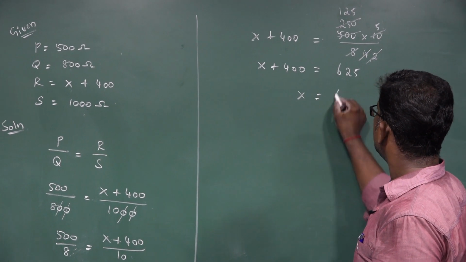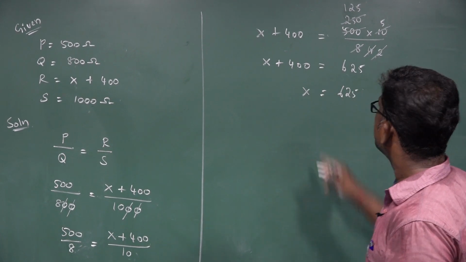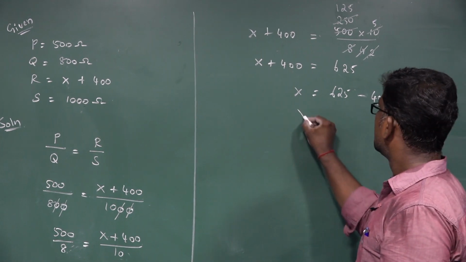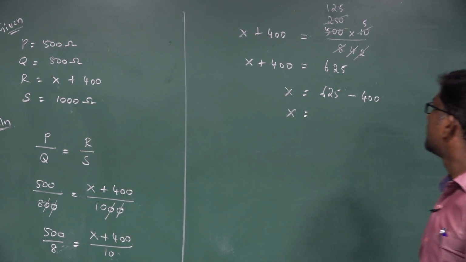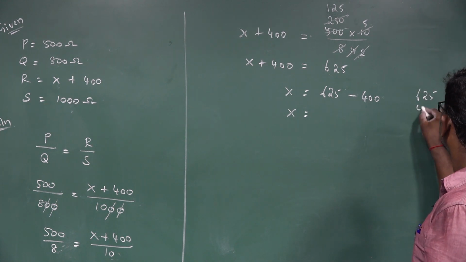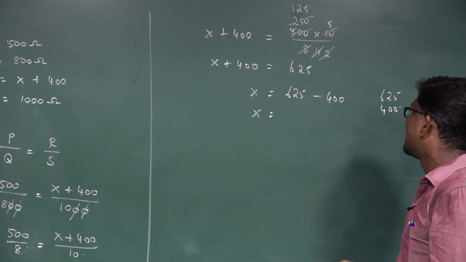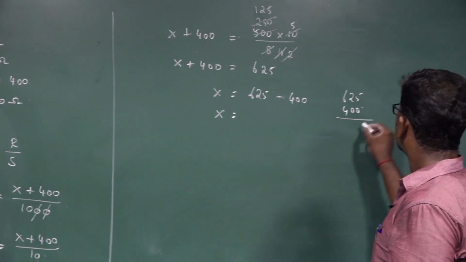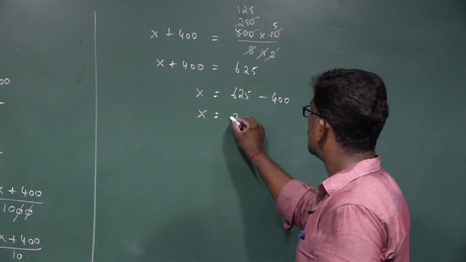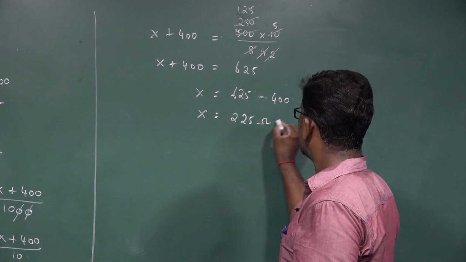Therefore, X is equal to 625 minus 400. 625 minus 400, 225.